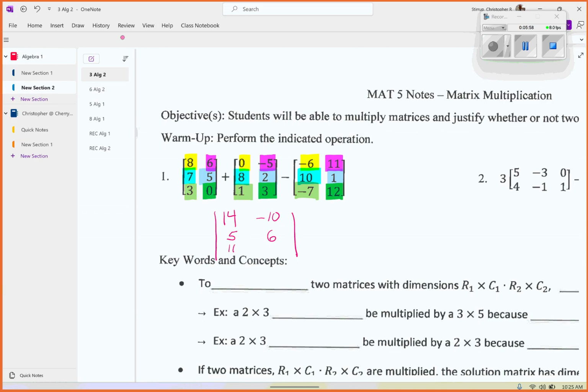And then the darker green, 0 added to 3. 3. 3 minus 12. Negative 9. Okay. Is that colorful enough to look at? Can you see where we kind of went through the problem? Is anyone kind of stuck, a little confused?